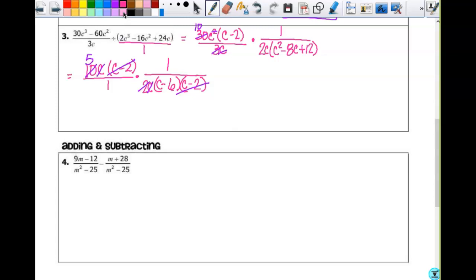One of the reasons I do that is so that when you look back up, it's easier for you to catch what I did. It's also easier to tell that everything's canceled out except the 5, and then you can also see what's left here. So just be careful so you don't lose anything. So I have 5 in the numerator. This 1 times all I have left is 6, and that's the best I can do. That's my answer.